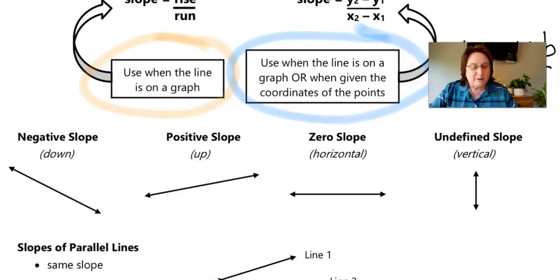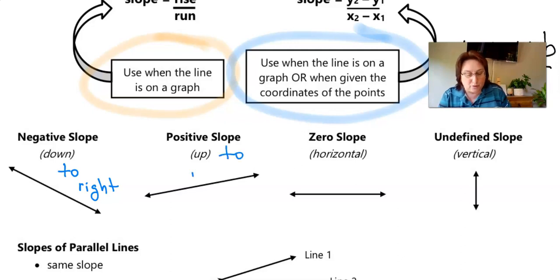Now, as a refresher, guys, do you remember negative slope, positive slope, all of those? Okay, so negative slope goes down to the right, so you might write this down. Positive slope goes up to the right.